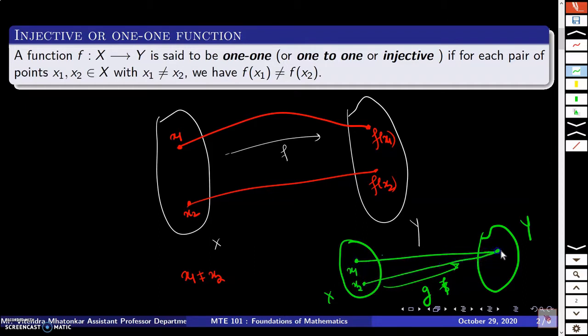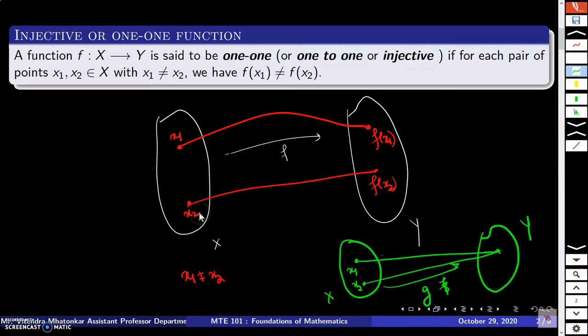So if you are able to find two different points in the domain which are mapped to the same point in the codomain, then the function will not be 1-1. Graphically it looks this way. You will see two or more points from the domain going to the same point. Now if exactly 2 points are going to this point, then it is called a many-one function, or 2-1 function also sometimes.